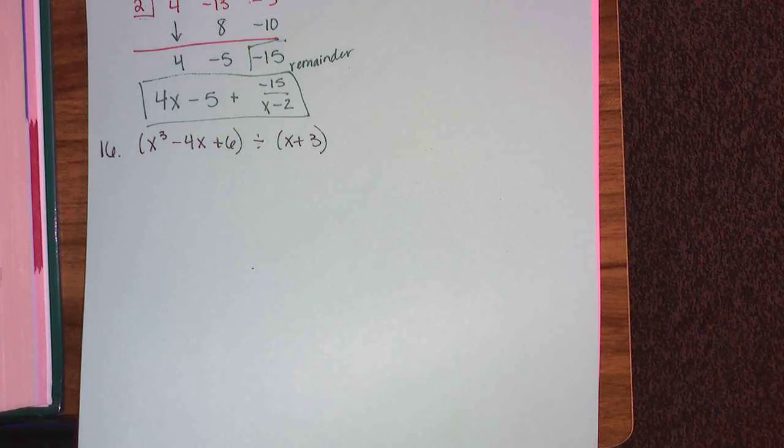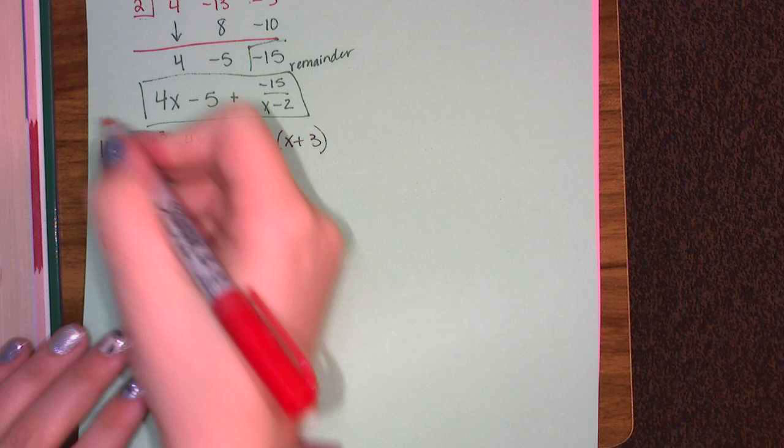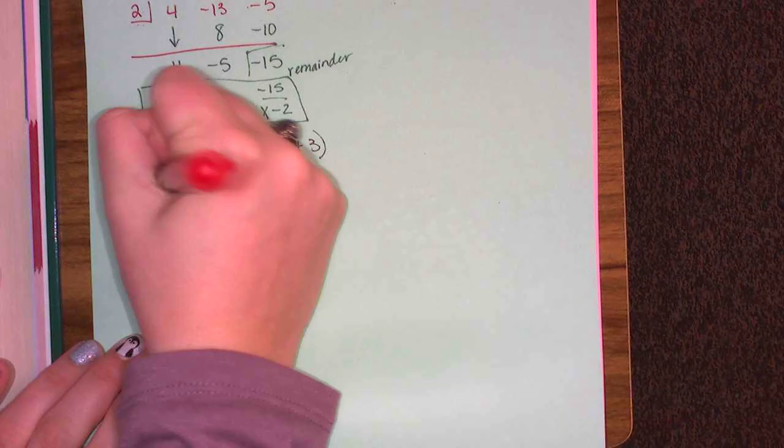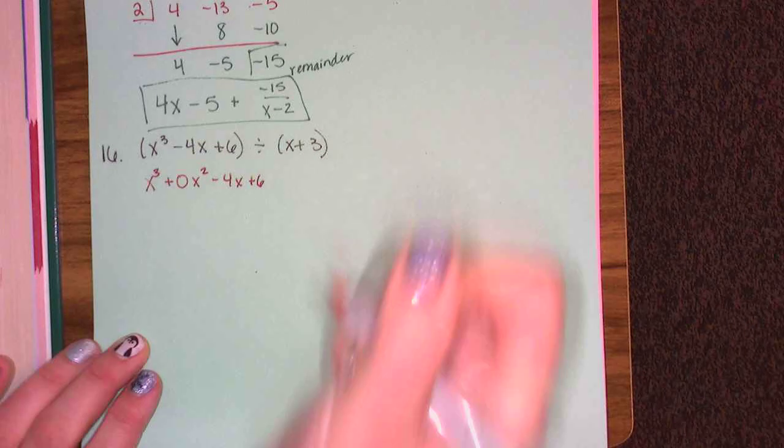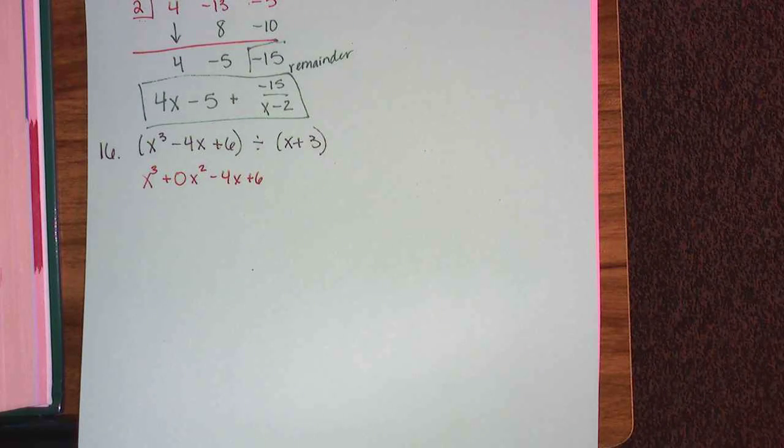If it helps you so you don't forget, you can rewrite it as x cubed plus 0x squared minus 4x plus 6. I don't require that, but it might help you so you don't forget a term. And are we able to do synthetic with this one?